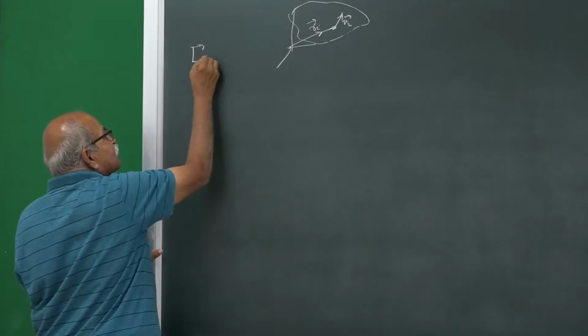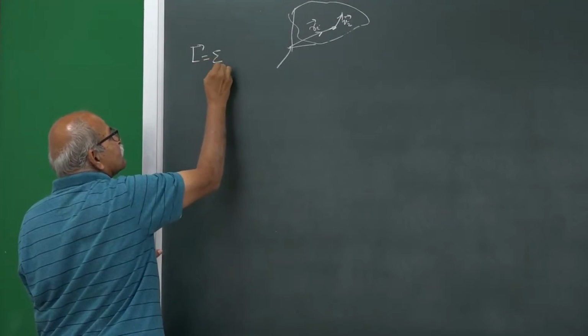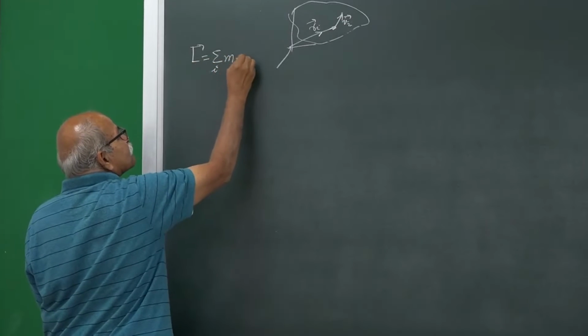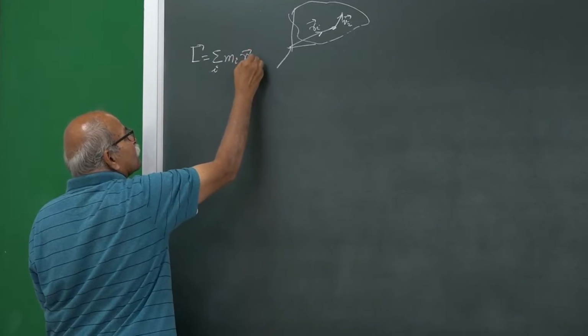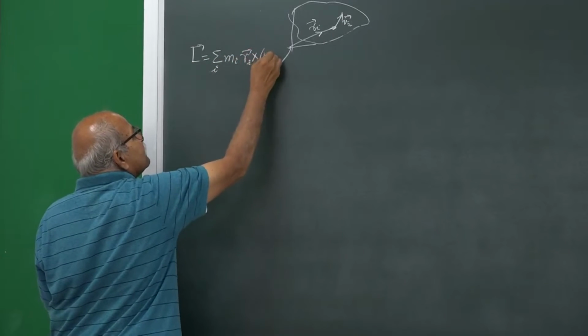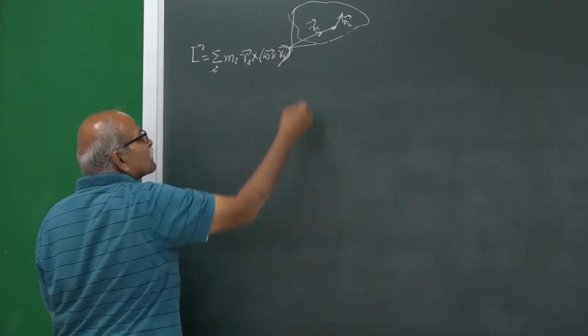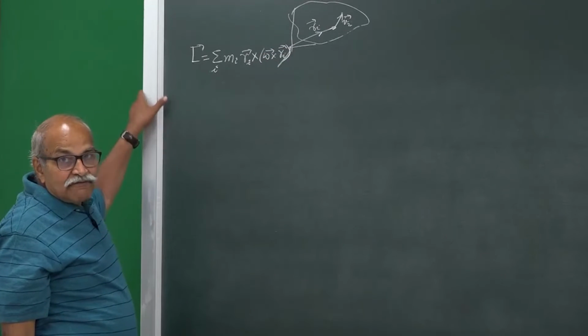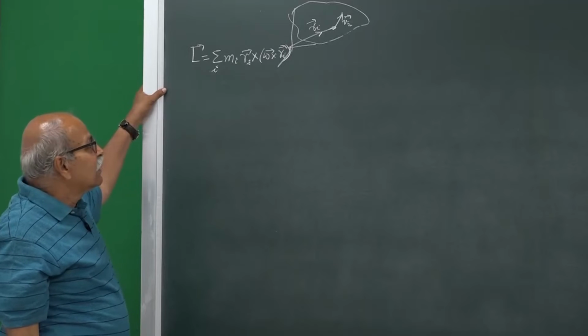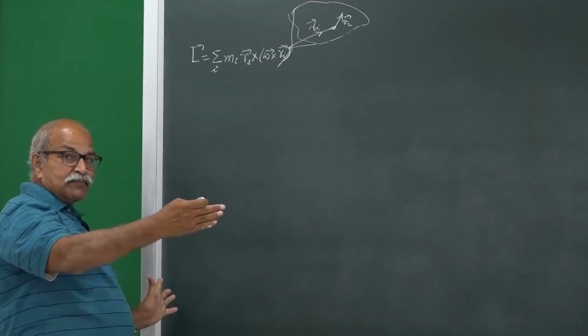So, angular momentum will be summation over i m_i r_i cross v_i, and v_i is omega cross r_i.